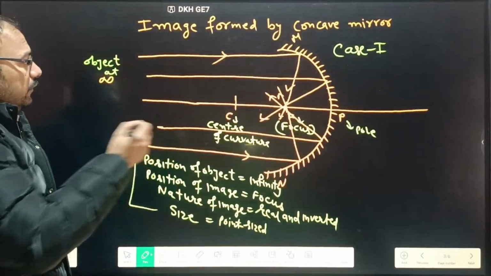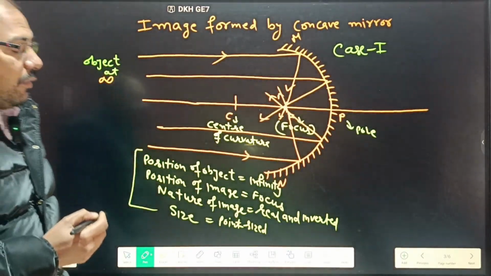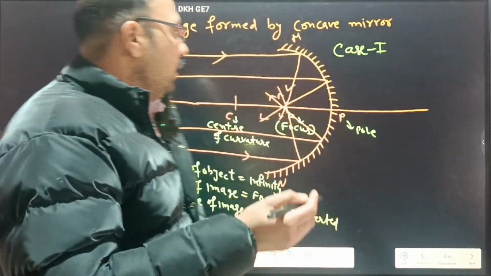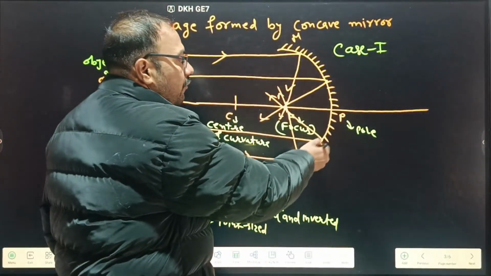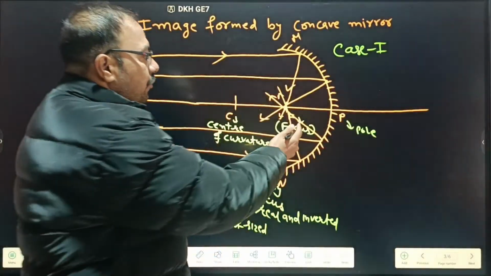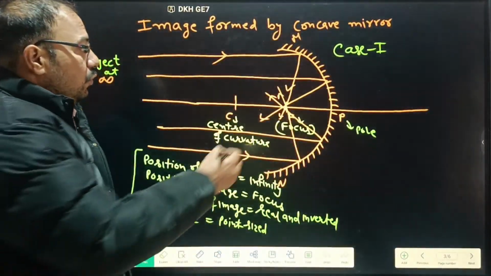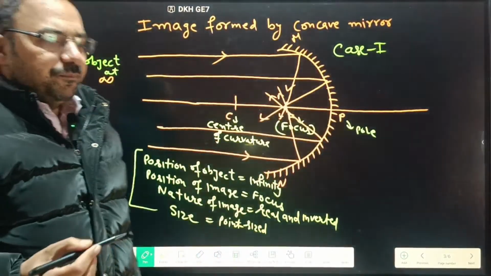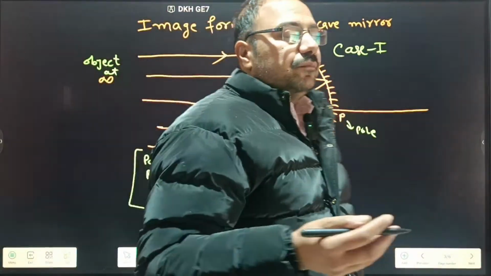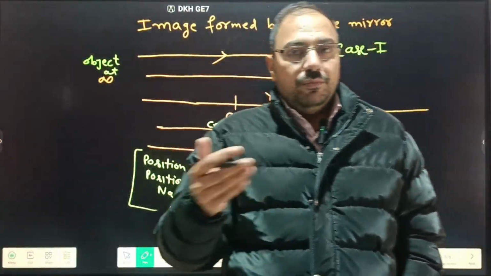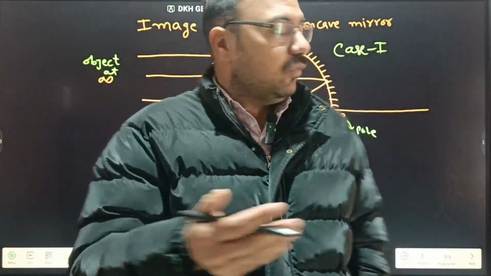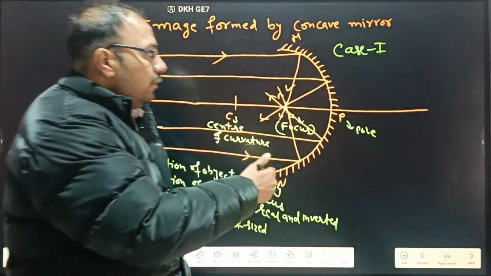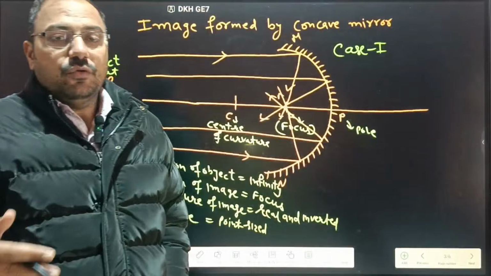In the next slide, we study image formation by the concave mirror. Basically, a concave mirror is a mirror whose outer side is the polished surface and whose inner surface is reflective. We take different positions of the object with respect to the concave mirror or pole, and we draw the different positions of the image.